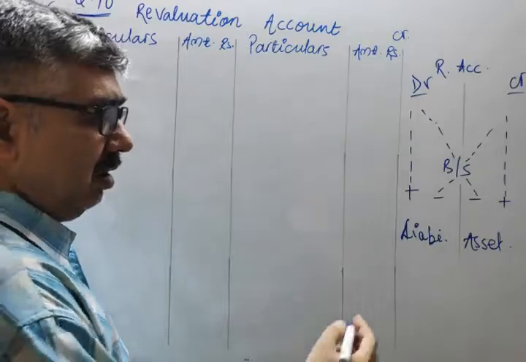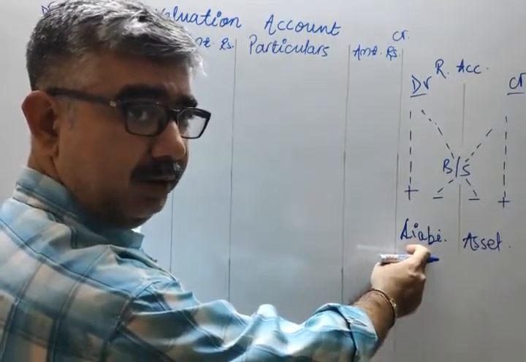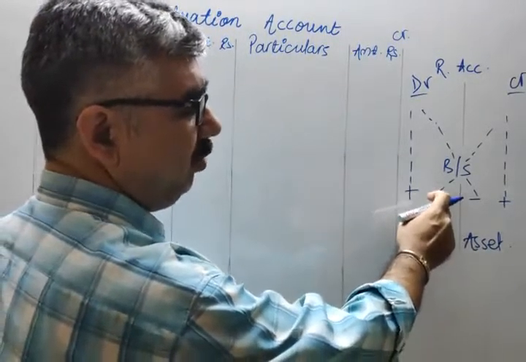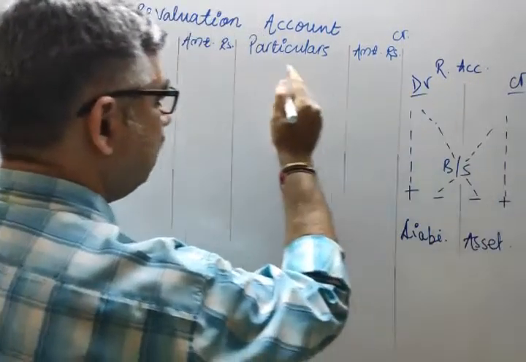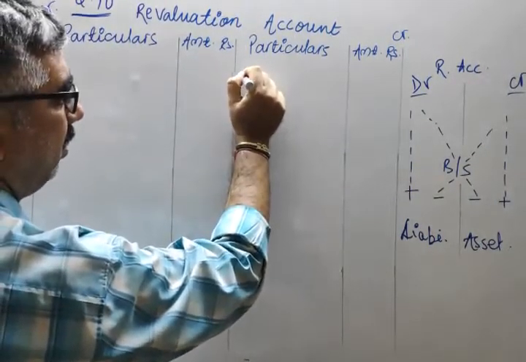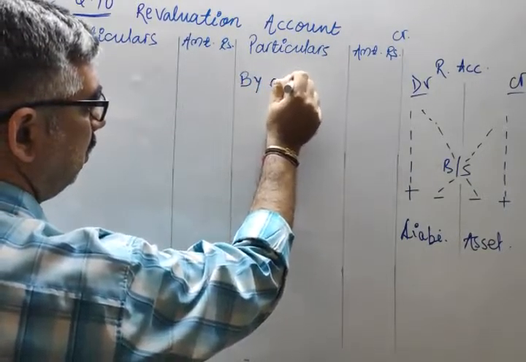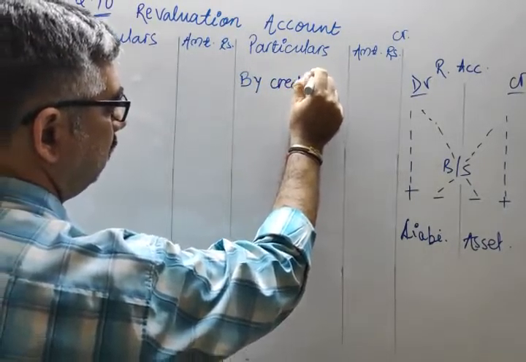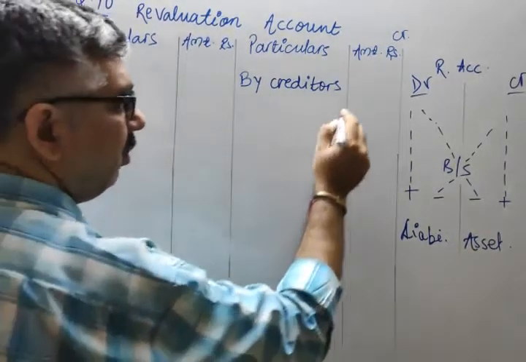Can I say minus on liability side, not to be paid? And when we are doing minus on liability side, cross. So it should be by creditors. Okay?